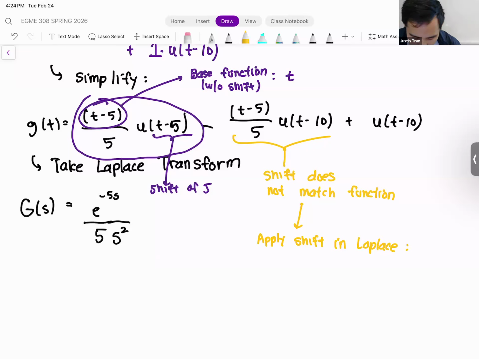Since our shift is 10, we're going to multiply by e to the minus 10s. And then from there, we're going to go back to our original function and replace it by a function that is basically the reverse of the shift that we just did.